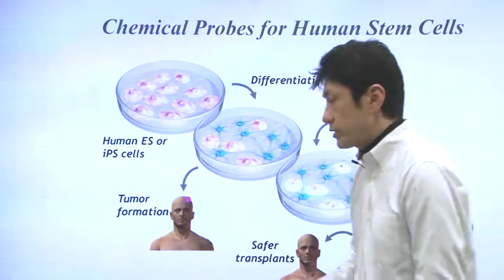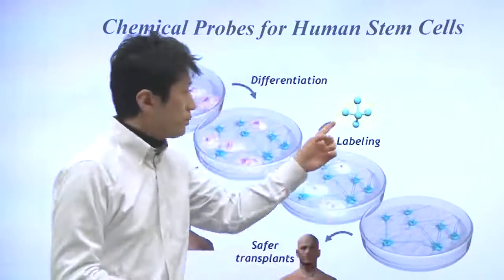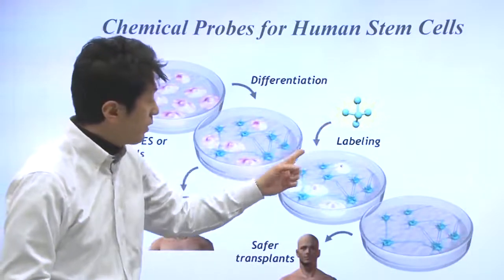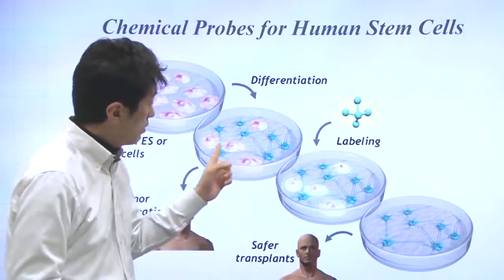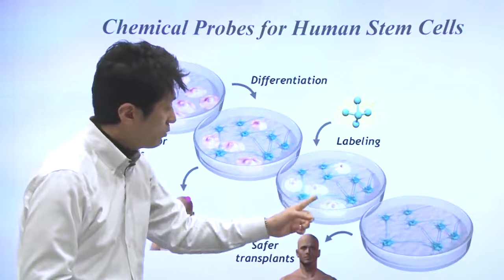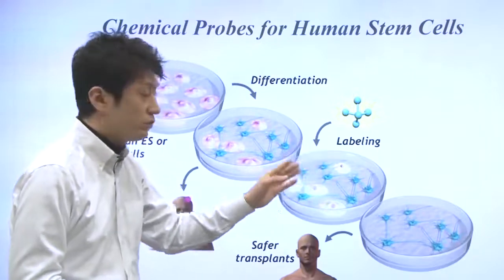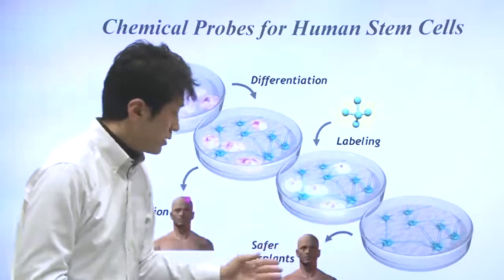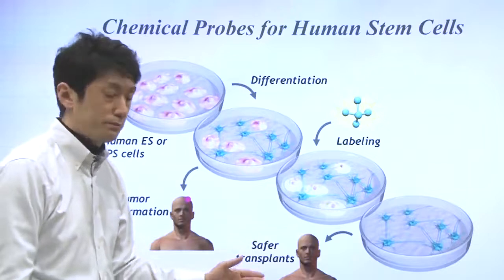If we come up with a fluorescent molecule that can label only undifferentiated stem cells, we might be able to detect them, then we might be able to remove them for safer transplantation.